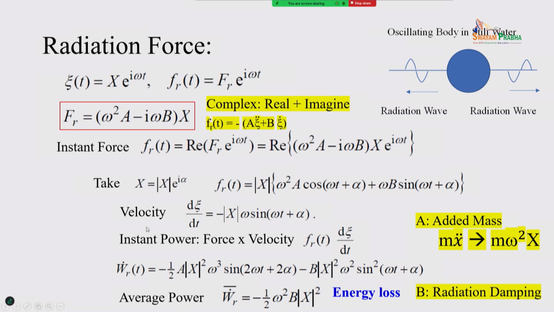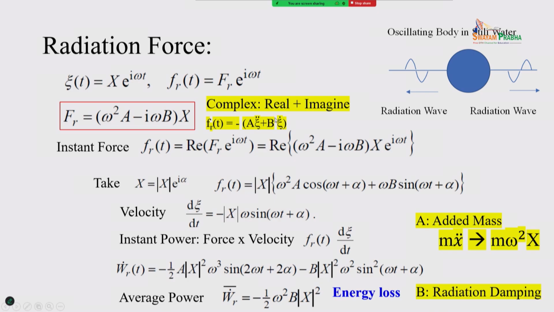That is in the frequency domain. In the time domain you can also say A times the acceleration plus B times the velocity gives the force. One is the mass term, the other is the damping term.